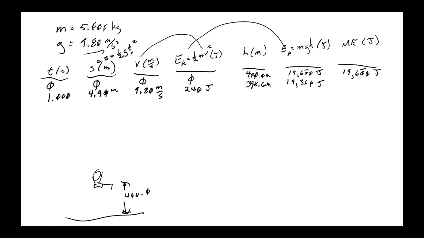Now, we calculated our kinetic energy and our potential energy completely separately, but let's add them together and see what you get. 19,360 plus 240. Absolutely. The mechanical energy is conserved.